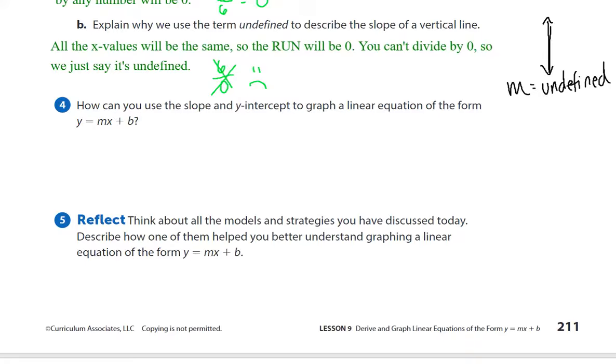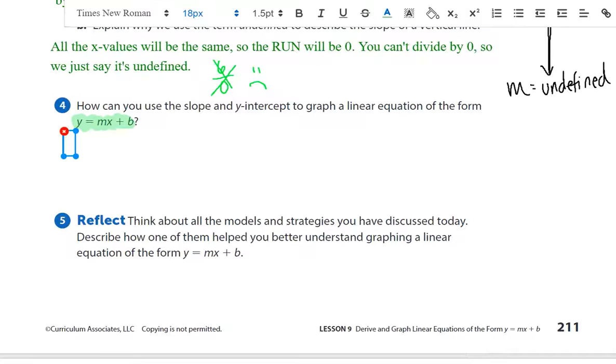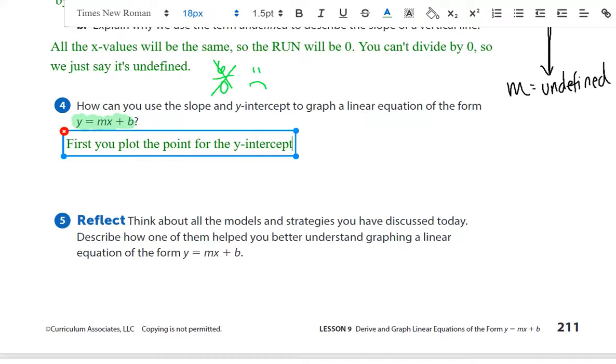Number 4. How can you use the slope and y-intercept to graph a linear equation in the form y equals mx plus b, aka slope-intercept form? Okay, well, the easiest thing to do, in my opinion, is first you plot the point for the y-intercept on the y-axis, because that's why it's called a y-intercept, because it intercepts the y-axis.